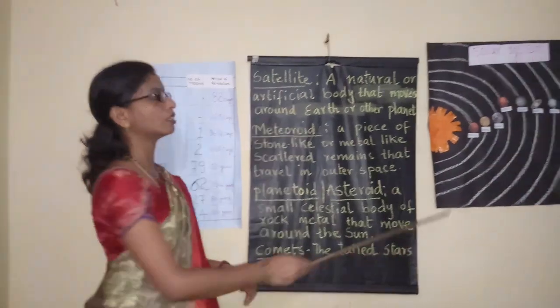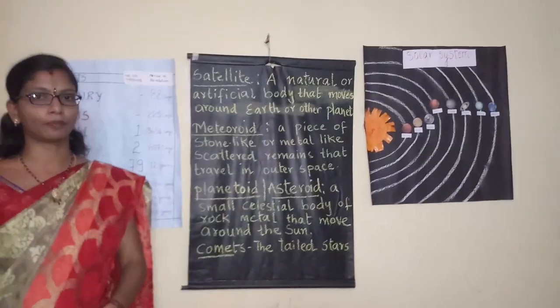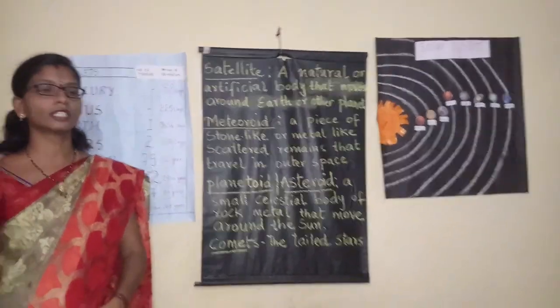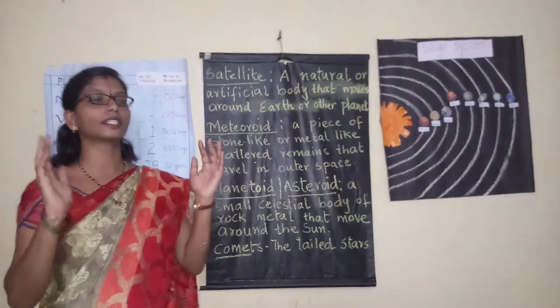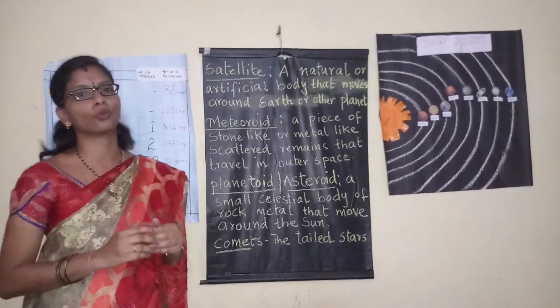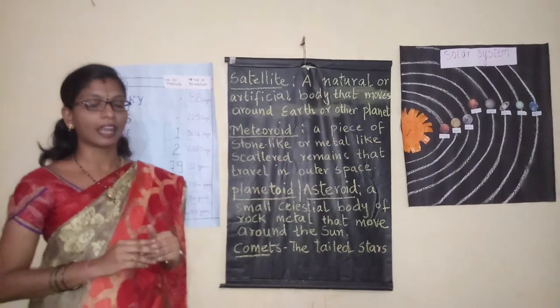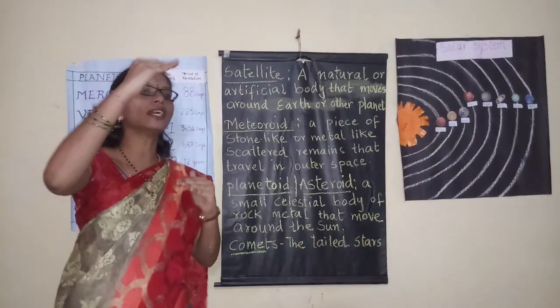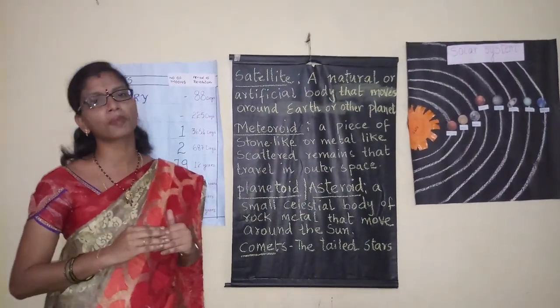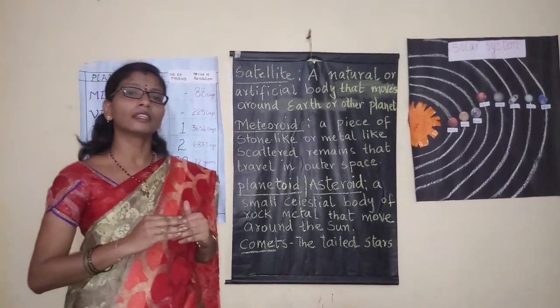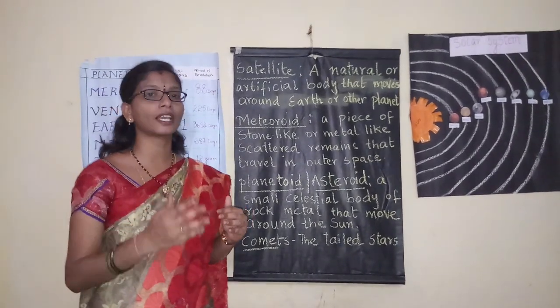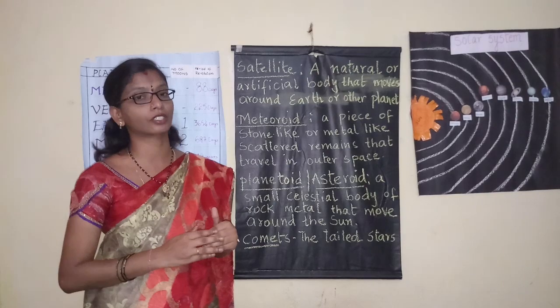And coming to the Earth, children, I have told you about atmosphere. What is atmosphere? The layer of air that surrounds the Earth is known as atmosphere. And the region beyond the atmosphere is known as space. The people who travel to space are known as the astronauts.